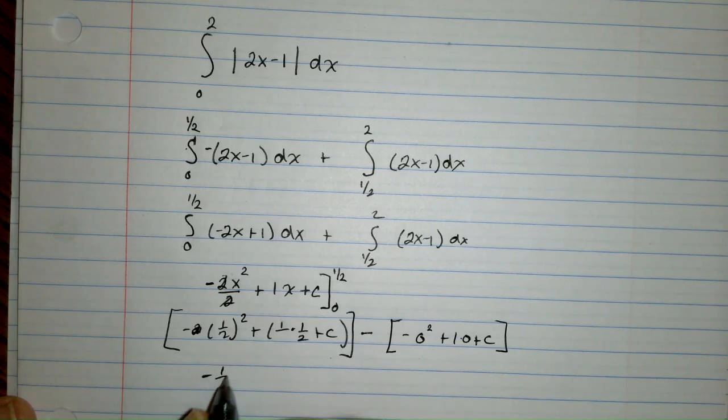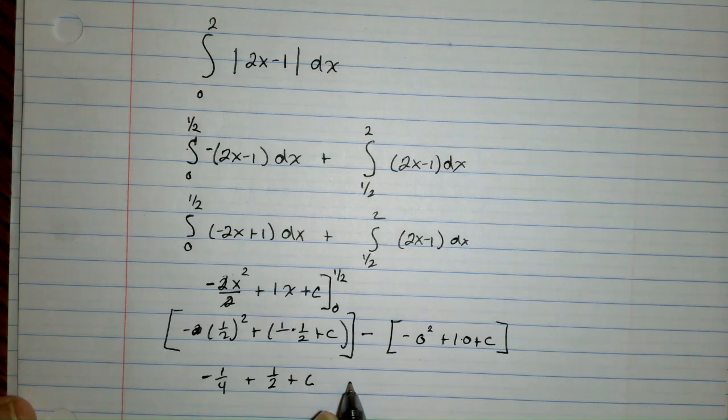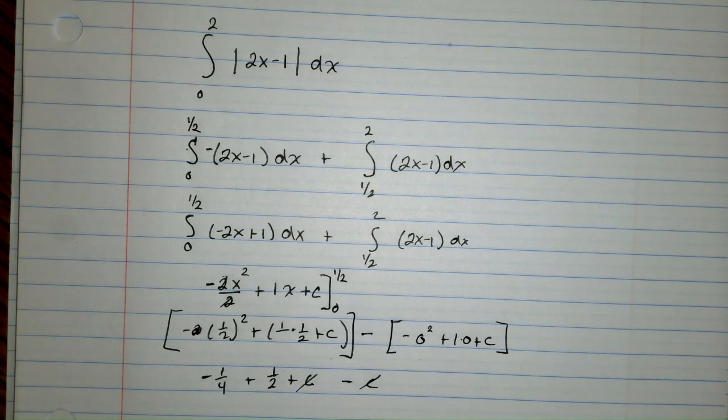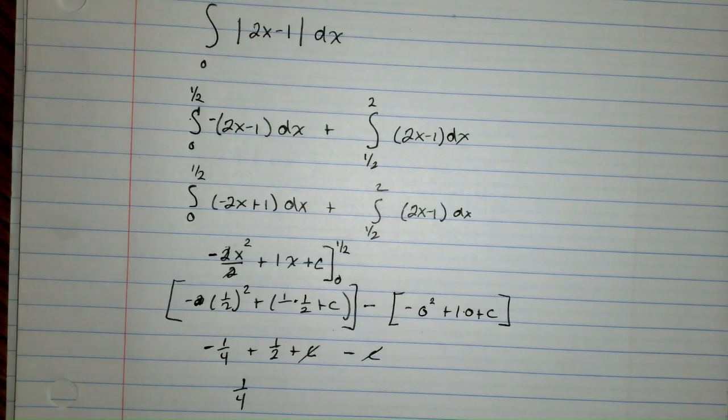So here we'll get negative 1/4 plus 1/2 plus c minus c. So see how the c's will cancel? Okay, negative 1/4 plus 1/2 is 1/4. So we're getting 1/4 from the first one. All right.